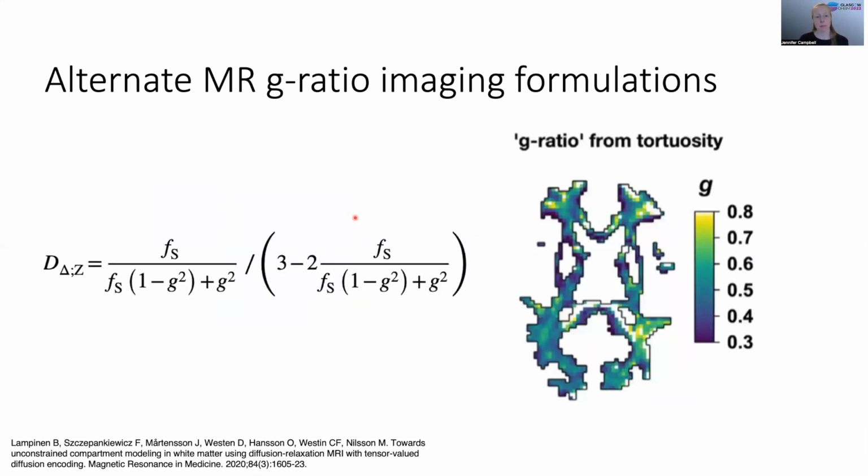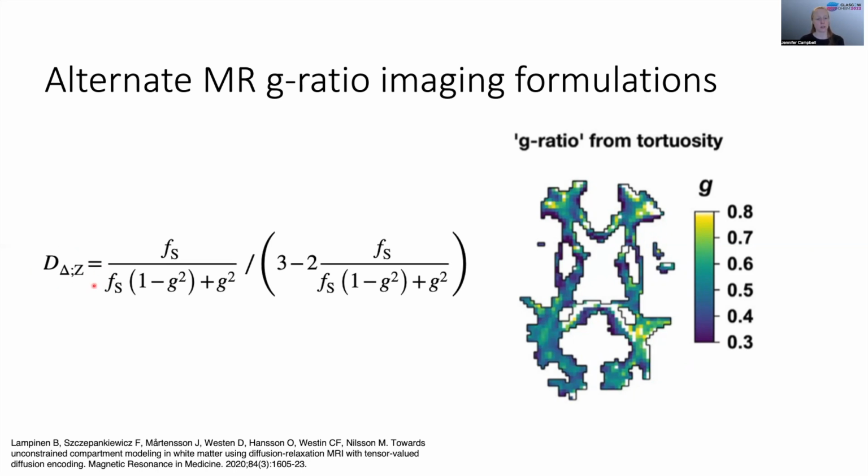Another approach that you might have thought about, when I mentioned that the fiber volume fraction is related to the fractional anisotropy of the diffusion tensor, is that the diffusion data, your diffusion acquisition, despite having negligible signal from the myelin compartment, is sensitive to the myelin compartment in that the extra-axonal diffusion anisotropy depends on the amount of myelination.